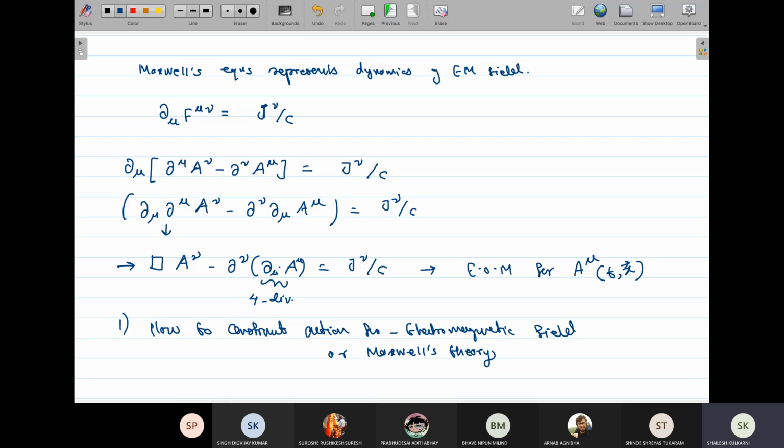And secondly, you see the way I define F_mu nu. F_mu nu is del_mu A_nu minus del_nu A_mu. Given A_mu, I can calculate this second rank tensor, and hence I know the electric and magnetic field.